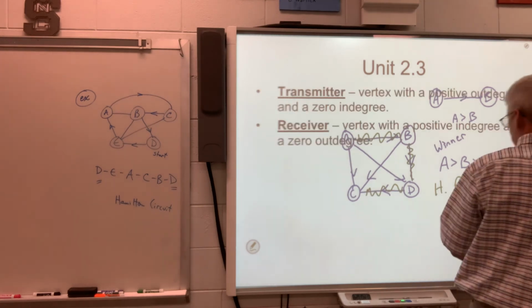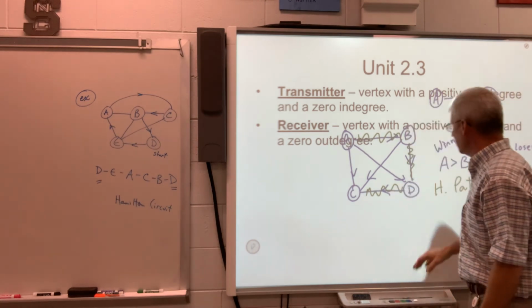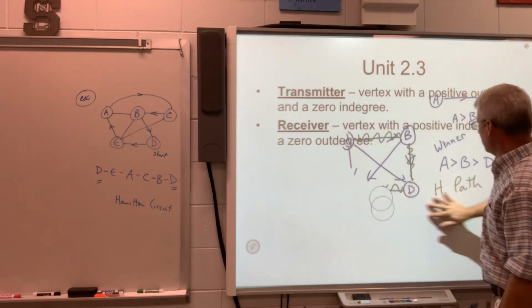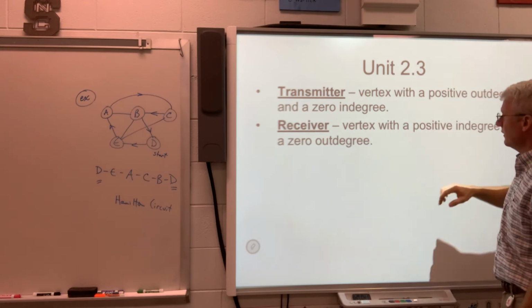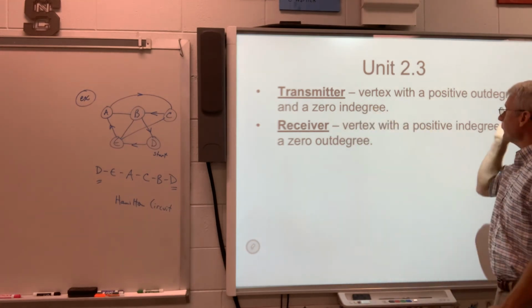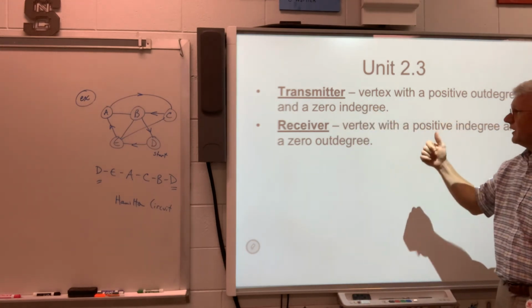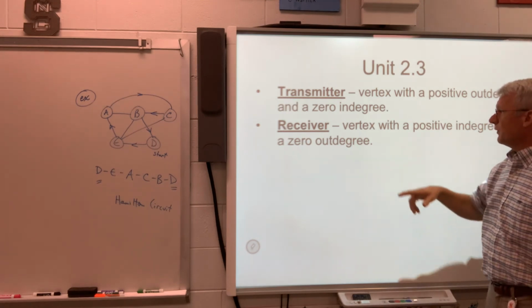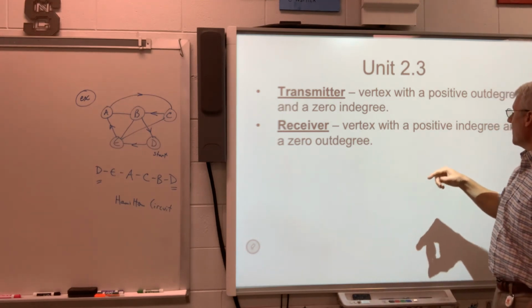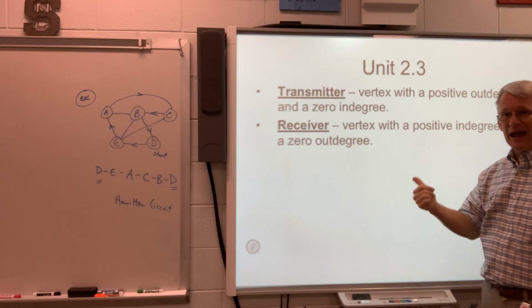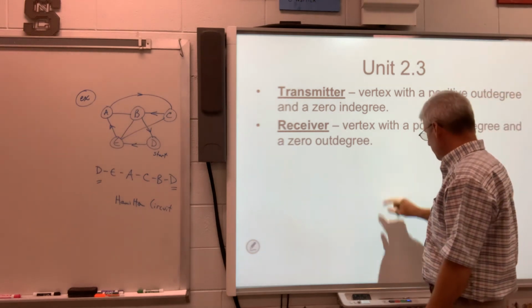The other thing that we need to know is, let me erase this so you can see it real good. A transmitter is a vertex with a positive out degree and 0 in degree. A receiver is a vertex with a positive in degree and a 0 out degree. Let me draw one of these.